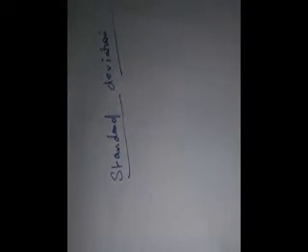Today we are going to see what is standard deviation. So you can write down the definition that I am reading out. Standard deviation is the square root of the mean of the squares.